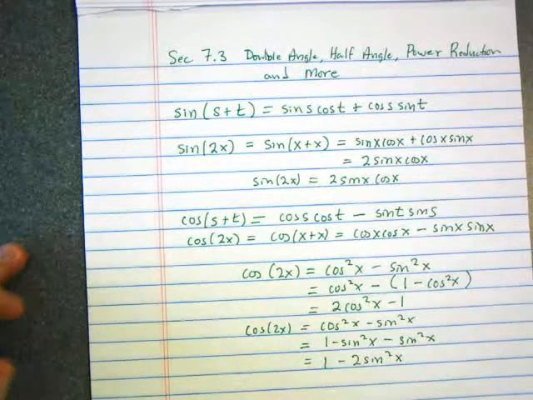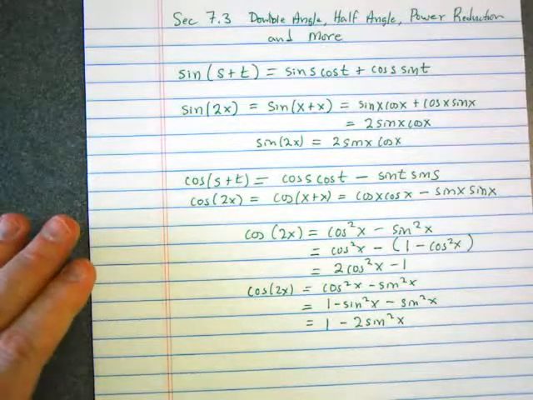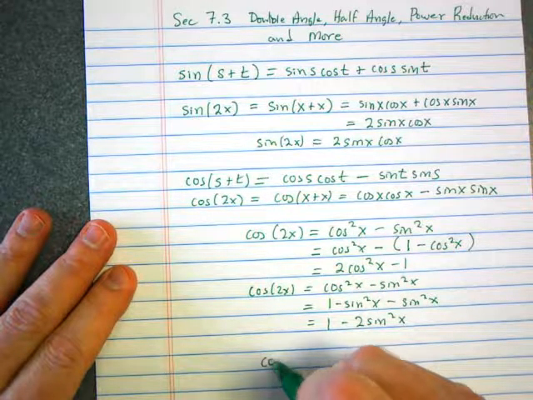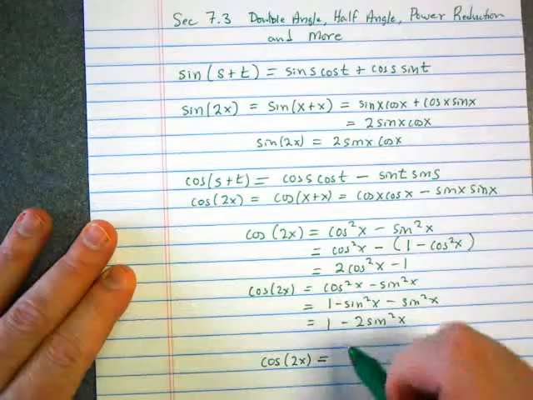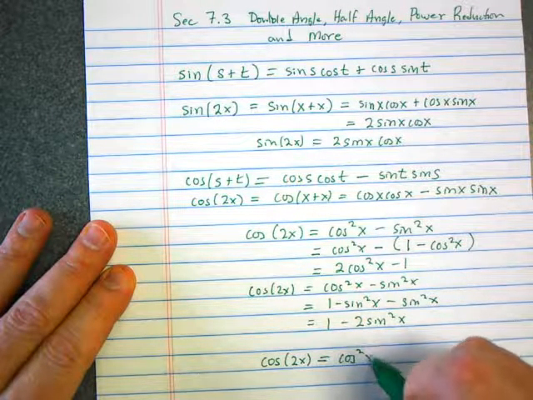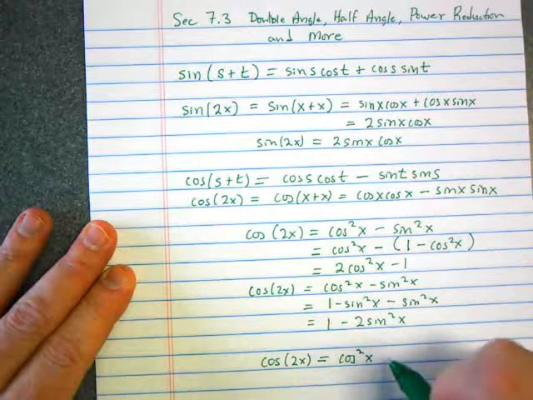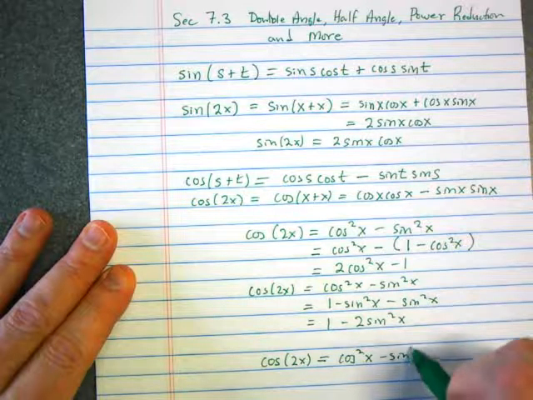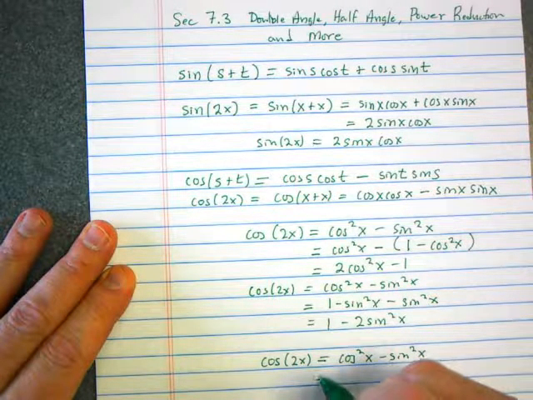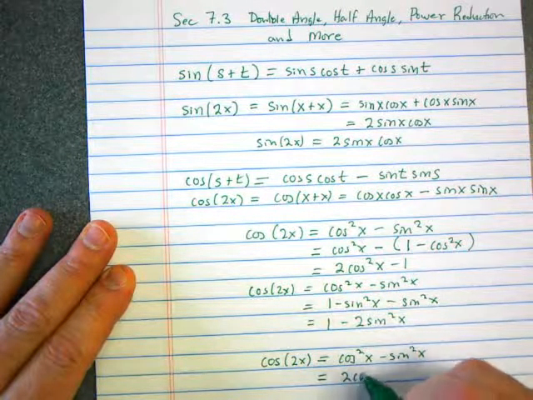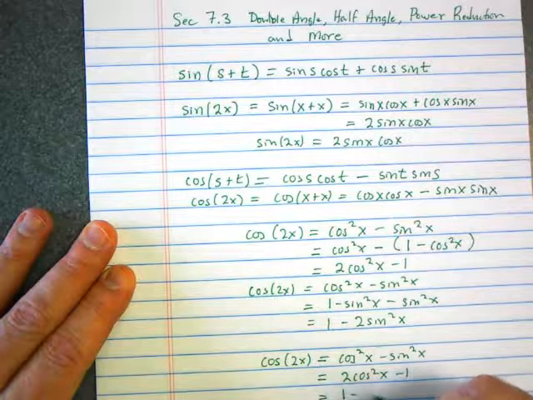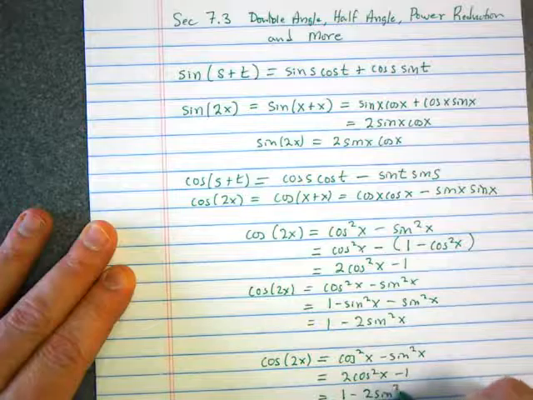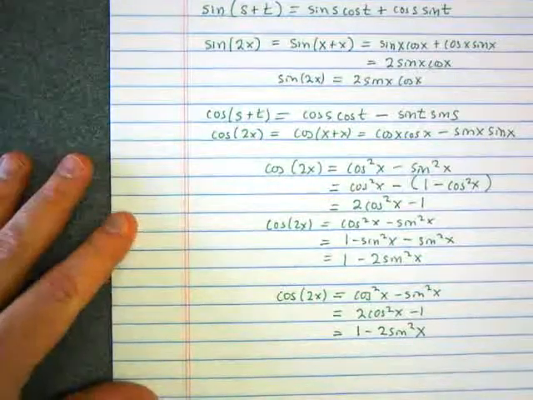In other words, what I'm getting at is for cosine of 2x, there are actually 3 different answers that we use depending on what we have and what we need. So one answer for cosine 2x is cosine squared x minus sine squared x. Another correct answer is 2 cosine squared x minus 1. And yet another correct answer is 1 minus 2 sine squared x.